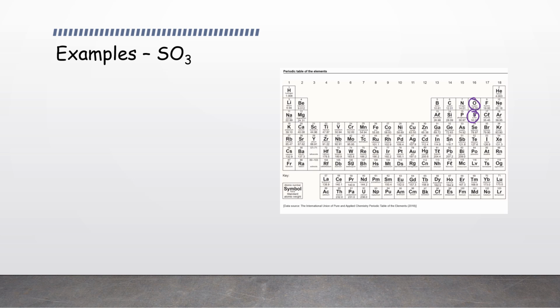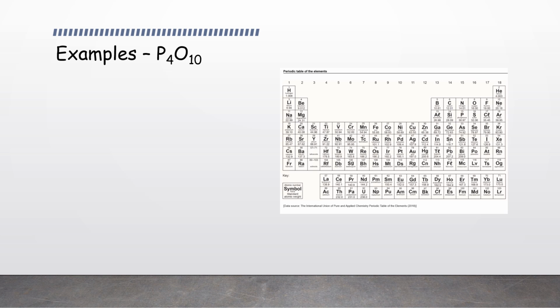We have sulfur and oxygen, so it's sulfur oxide, but because there's three of them, it's trioxide. Next example, we've got a bromine and we've got a hydrogen. Hydrogen is further to the left, so it becomes hydrogen bromide.